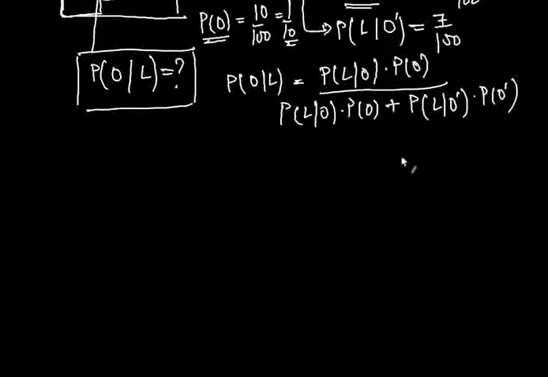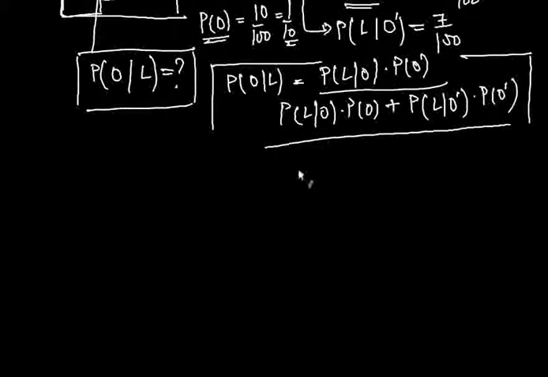Now, in this expression over here, this whole big block, we know almost everything except possibly probability of O prime. This we don't know. Now this is kind of easy to find out. Either a person has blood group O or does not. And if a person does not have blood group O, then he's in this category.